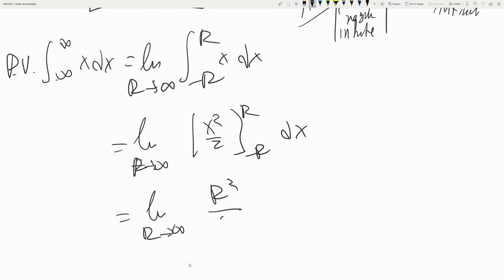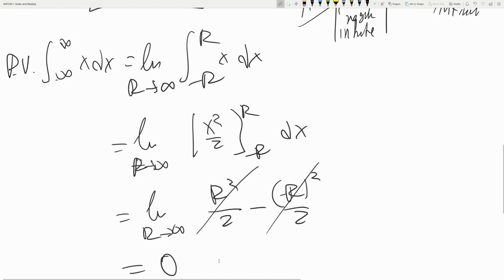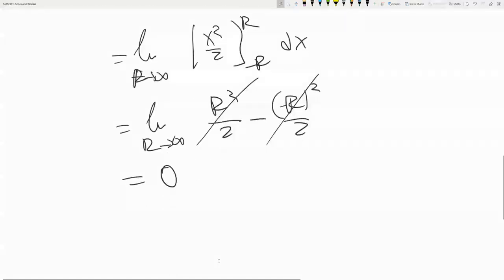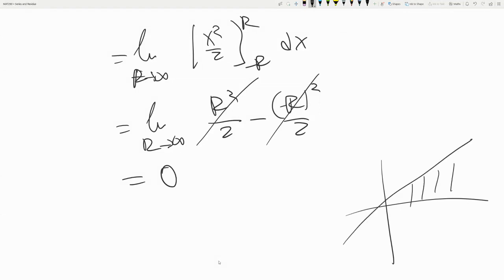R squared over 2 minus R squared over 2, right? These two cancel out because the minus becomes plus when you square it. So it's 0. That's the principal value, and that's what you want. You want to say that these two areas cancel each other out.